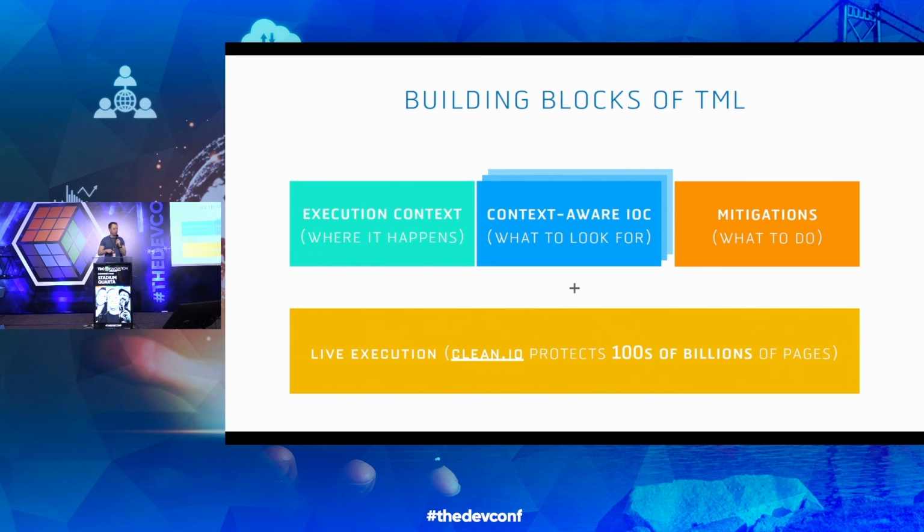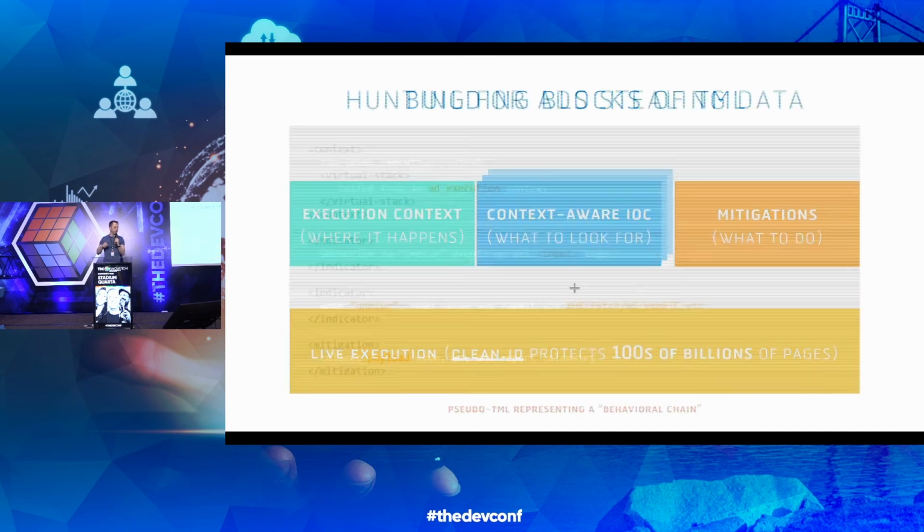And what happens is we execute this live using a lightweight virtual machine that's implemented in JavaScript inside of the page, right? And we protect hundreds of billions of pages. So this opens a pretty good opportunity for people to really analyze and discover behaviors online, right?